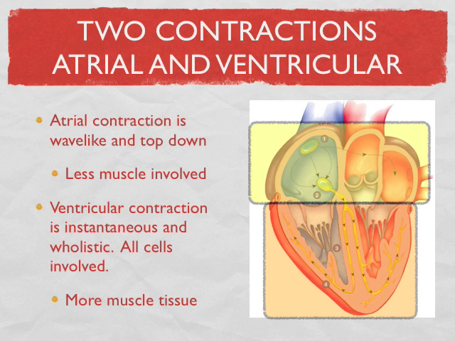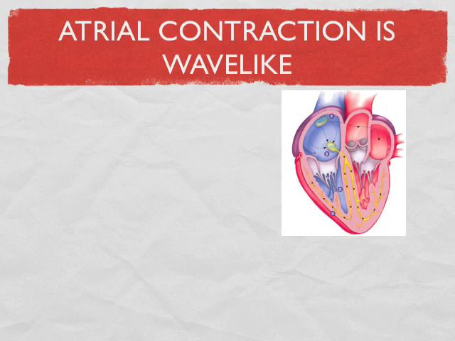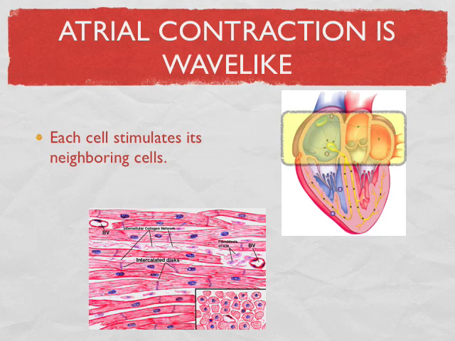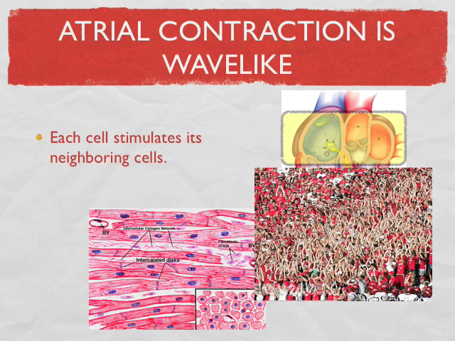One way to think of this is to think of perhaps a time when you've been to a concert or a sporting event. Something happens often in concerts or sporting events that is wave-like, and maybe you've heard of doing the wave. The cardiac muscle cells here do something like the wave. If you've ever sat in a stadium and watched the wave go through a crowd, you want to ask yourself, how does each person know when to stand up and do their part?